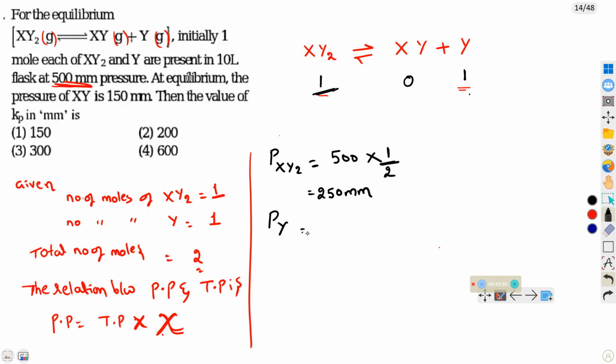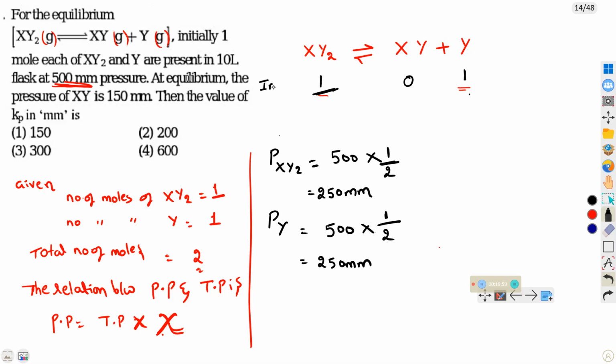Partial pressure of Y is equal to total pressure 500 into mole fraction of Y, number of moles of Y by total number of moles. This is also 250 mm. Now, at equilibrium, the pressure of XY is 150 mm.